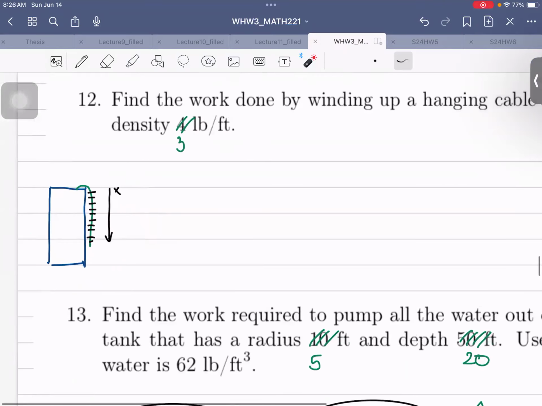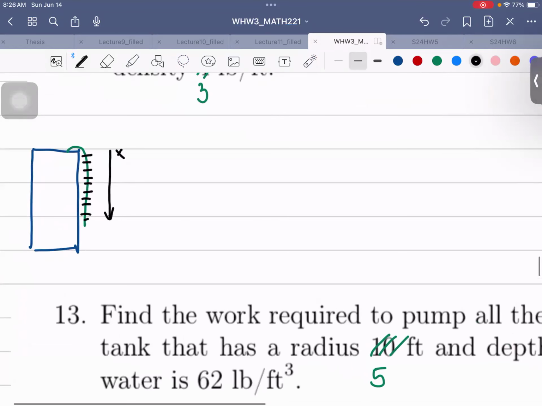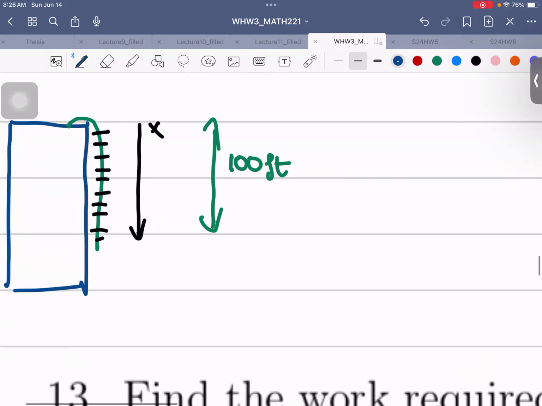And the cable is 100 feet long. Okay, so let me consider the piece of cable at the position xi.